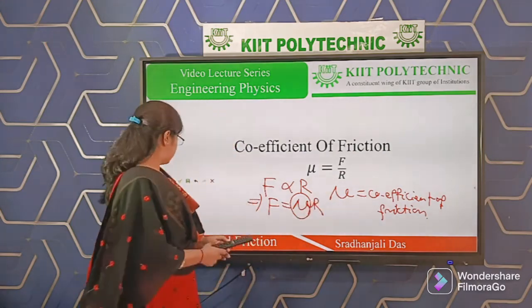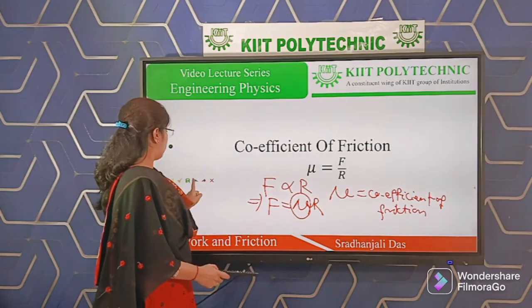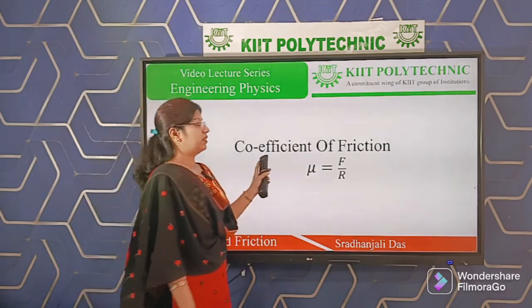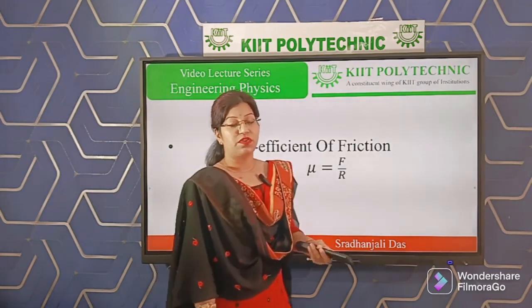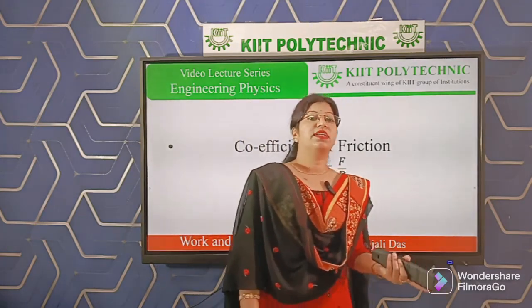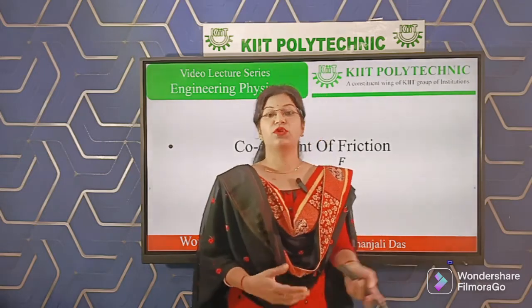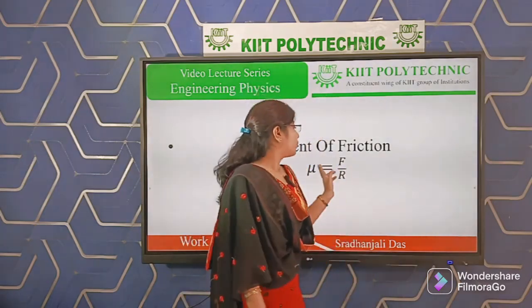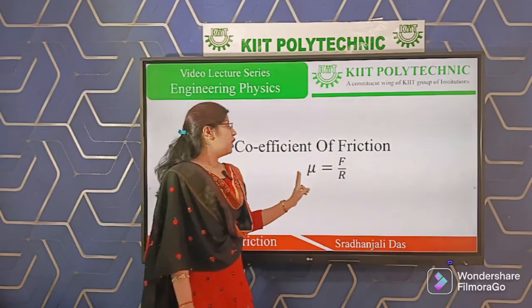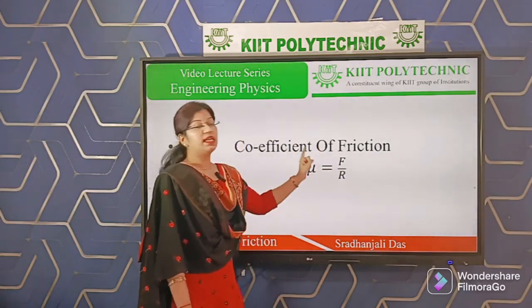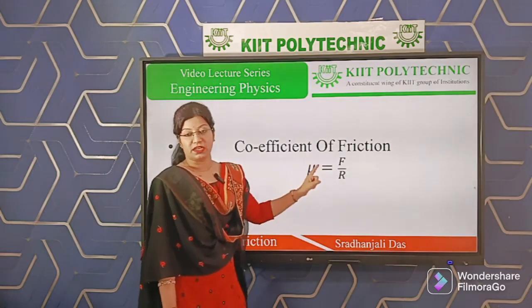So now we discuss what is coefficient of friction. From the laws of friction, we know that the force of friction is directly proportional to the normal reaction. That means F is proportional to R. From this expression, we get mu equals F by R, where mu is known as the coefficient of friction.